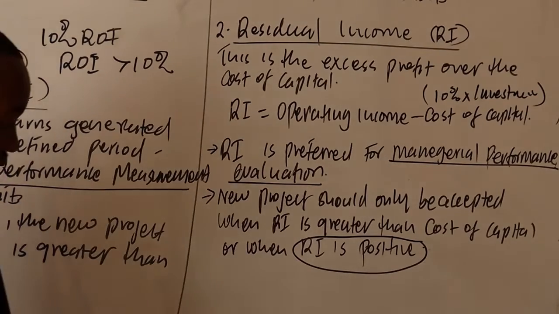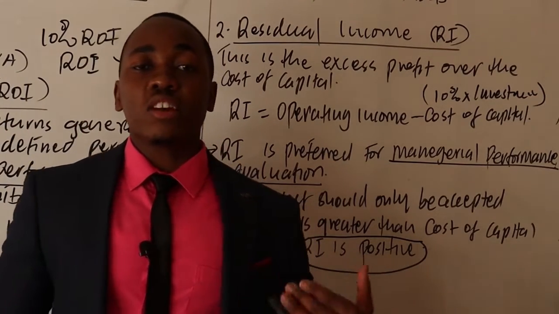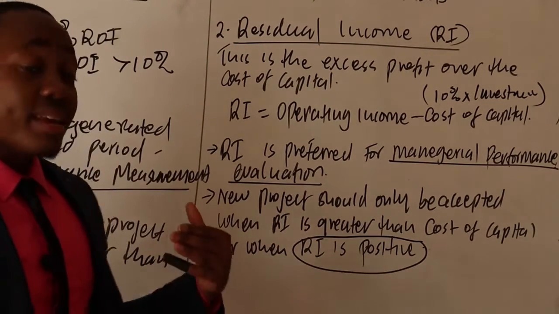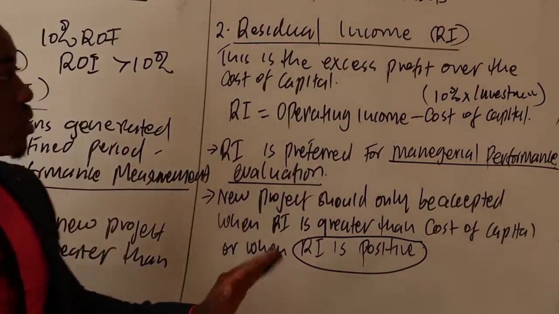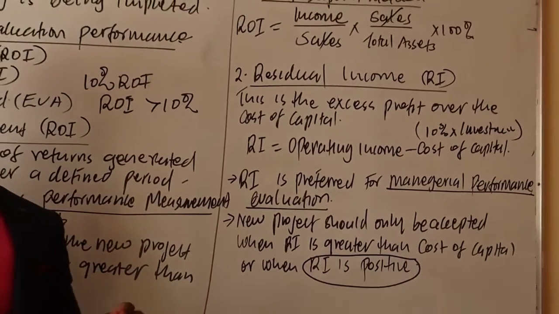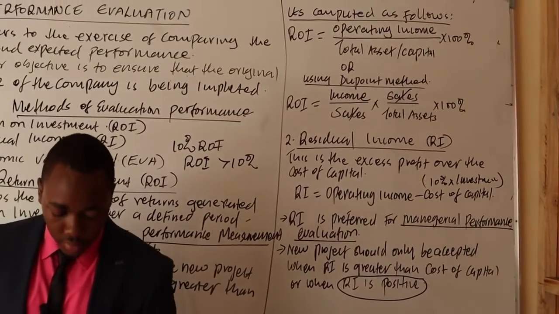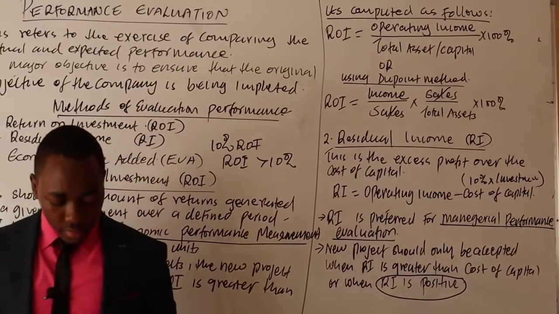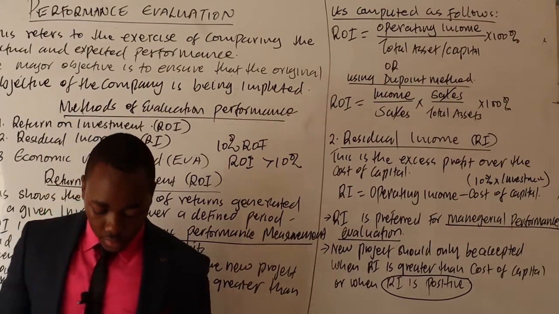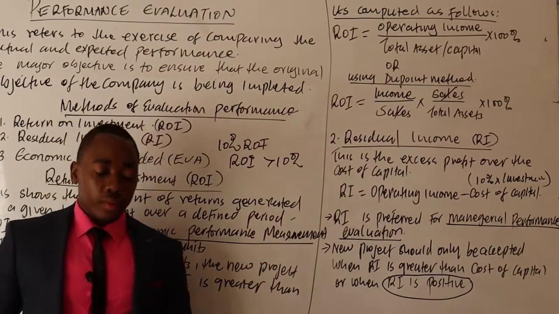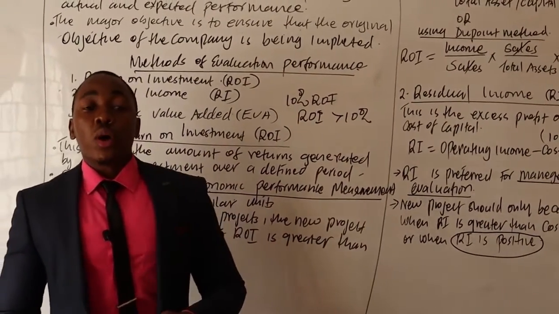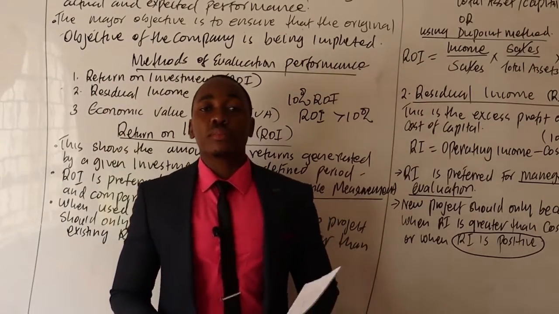Good. So now, before we look at number 3, that's the economic value added, I want us to do some illustration focusing on the two: return on investment and residual income. So I want us to do a question from the handout.